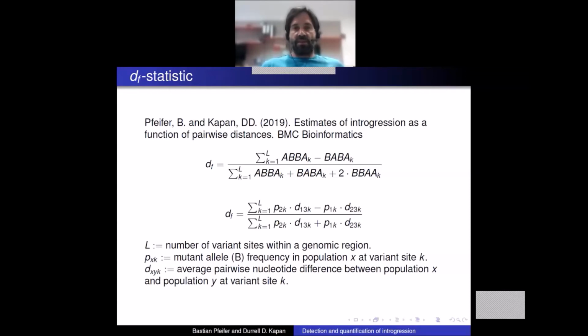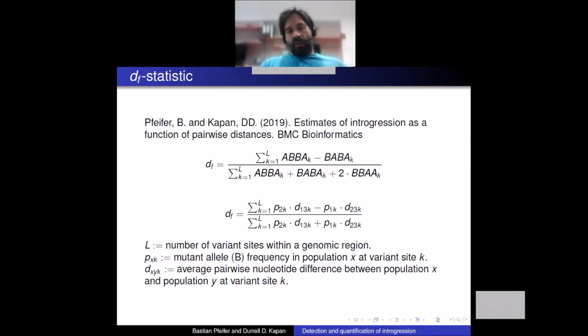of Pairwise Distances. And there we took a twofold approach where we reformulated the Patterson's D in terms of distances, and to this end resulting in this formulation where p_xk is the mutant allele, in this case B, frequency in population X at variant site K, and the d are the distances between the populations.